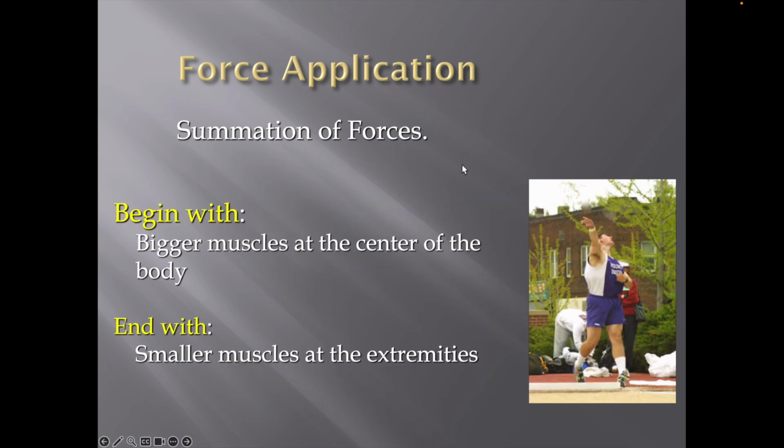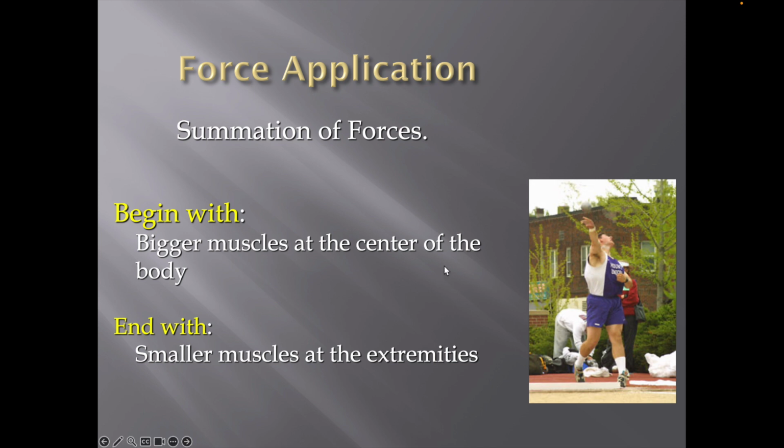When we produce force, it's not just force at one area of the body. There's a summation of forces, so forces coming from several parts of the body and adding up together to create the intended outcome. Let's take a look at this example of this shot put thrower.